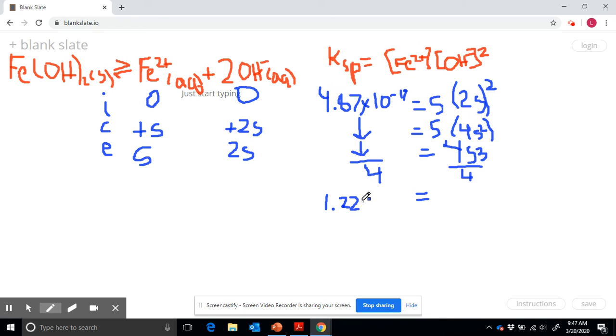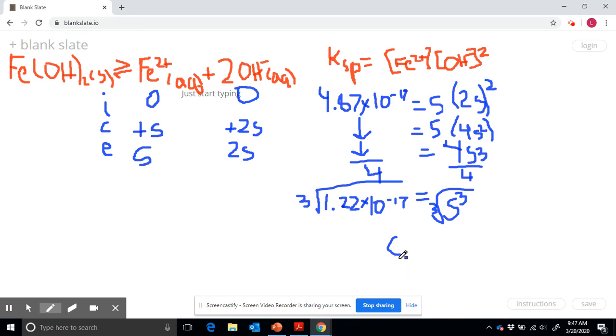Actually try this. 1.22 times 10 to the negative 17. That equals S cubed. Okay, we still need to solve for S, so let's take the cube root of both sides. So I take the cube root of both sides. Make sure you know how to plug this in your calculator.